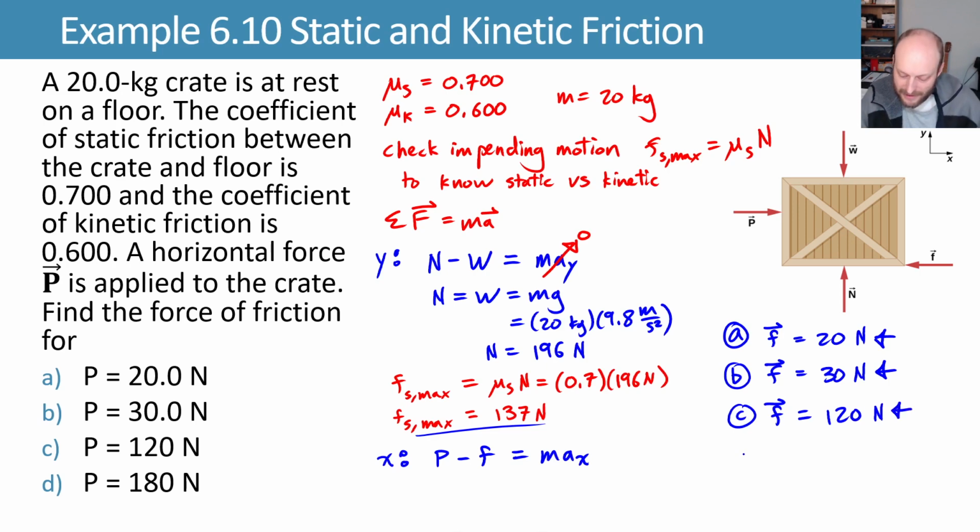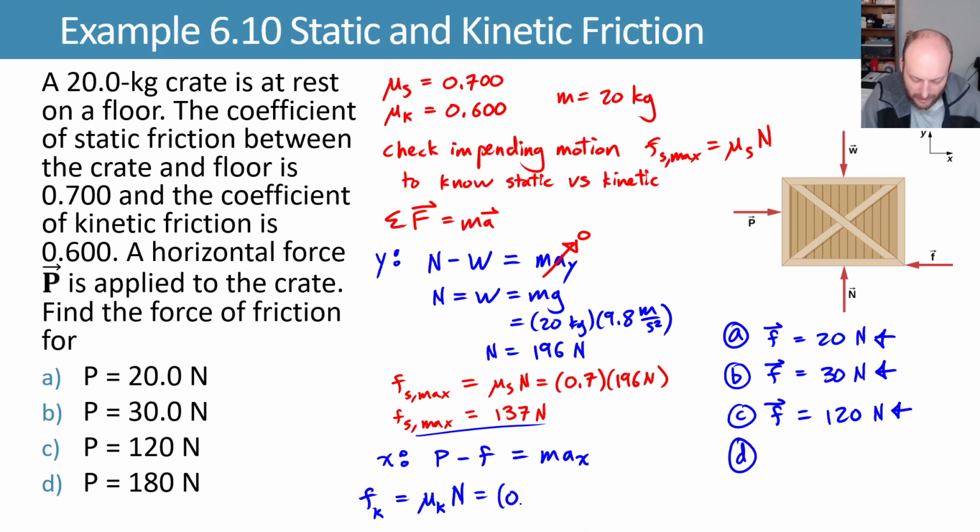And now for part D, it gets a little bit more interesting. In part D, we're exerting 180 newtons of force, and the maximum static frictional force is 137. So we're over that, it's going to start moving, and we'll actually have a frictional force that's less than 137 because it will be kinetic friction. So we have to calculate our force of kinetic friction using μk n.